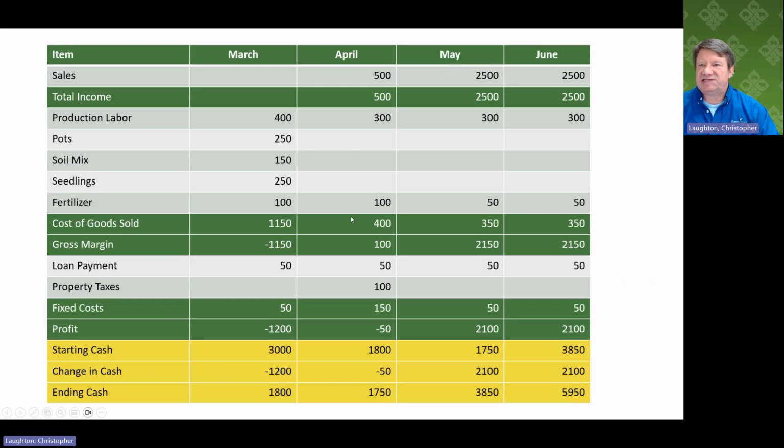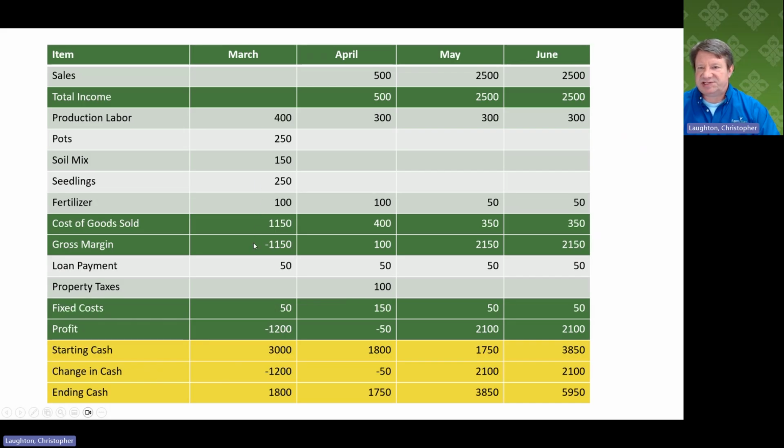So getting back to Chris's greenhouse example, I've abbreviated the months just to make it fit on the screen. So we have March, April, May, and June. And we can see that March is a very expensive month for Chris because he's potting up all of his hanging baskets. So he's got production labor, pots, soil mix, seedlings, fertilizer.